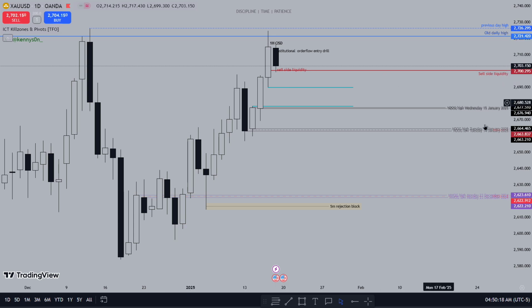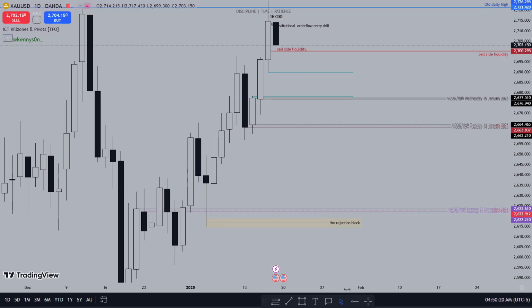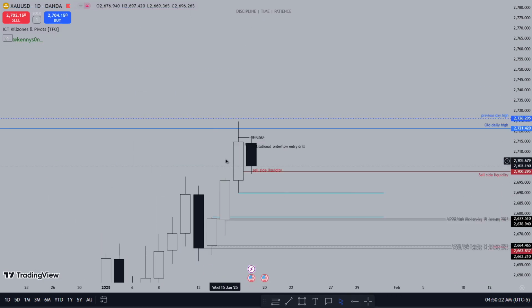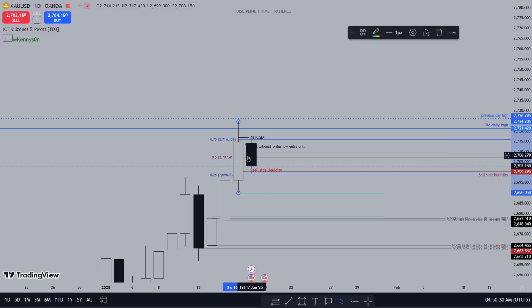So when all of that was happening on the daily time frame, we're just ranging on the previous days, and we're in premium of that range. So what we do is look for shorts, so that we had that change in delivery, and then institutional order flow entry still in premium, sell side liquidity.